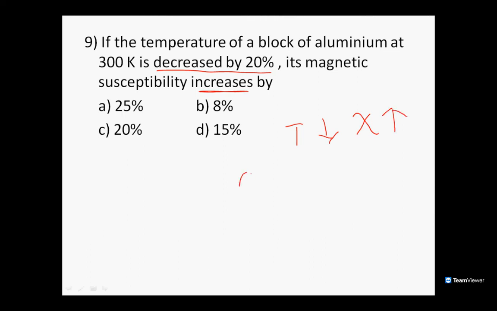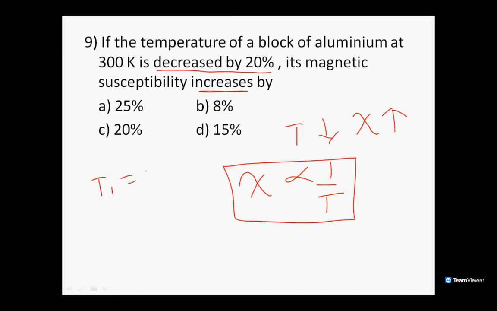That means susceptibility is inversely proportional to temperature. Chi is inversely proportional to temperature. Here, initial temperature T1 equals 300 Kelvin. T2 is 20% less. 20% of 300 means 60, so 300 minus 60 equals 240 Kelvin.